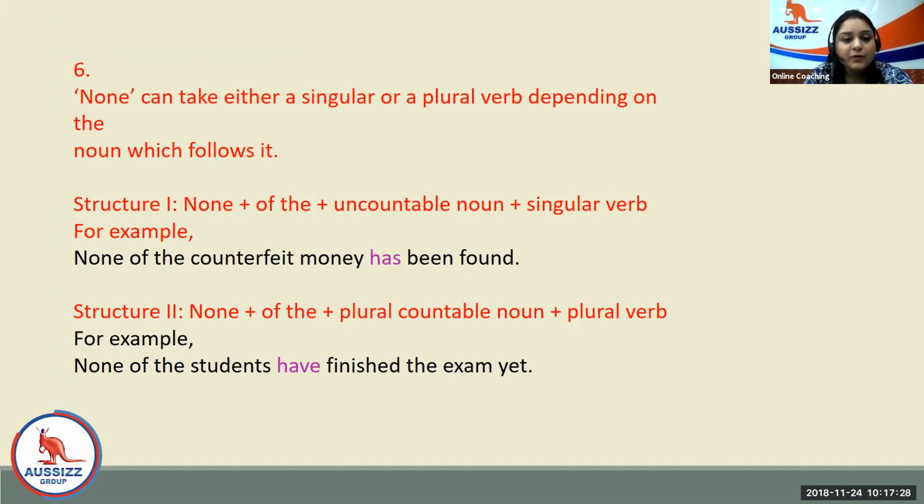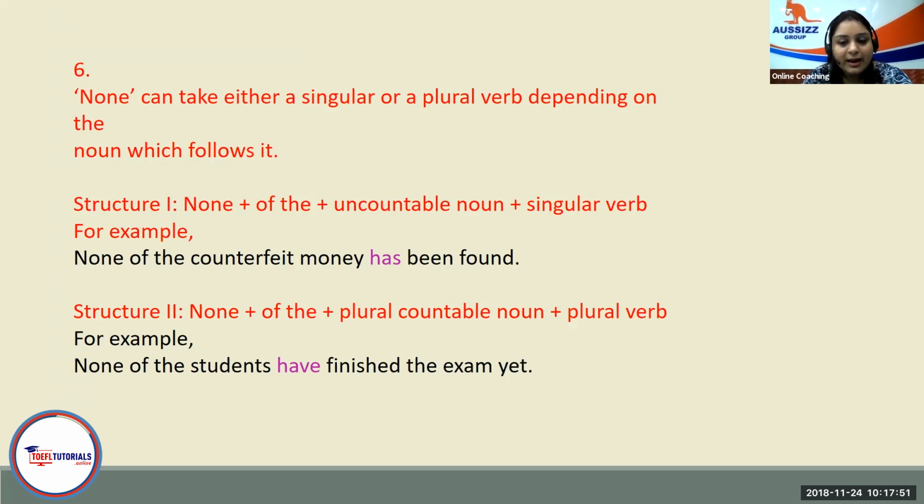For example, none of the counterfeit money has been found. Okay, none of the counterfeit money. Money is singular. Money is not plural. Rupees is actually plural. Okay, so none of the counterfeit money has been found. Money is singular. Therefore, we have to use has. So none condition takes 2 types of rule.